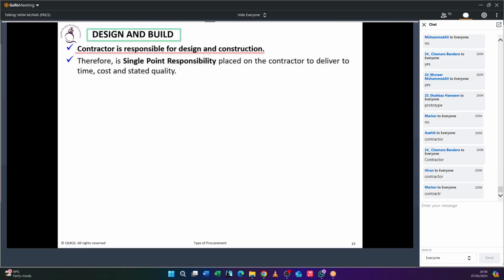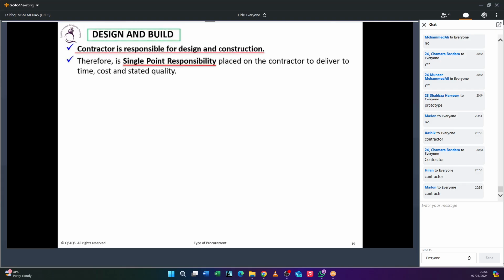Previously, in the traditional route, the employer was responsible for design and the contractor responsible for construction. But under design and build, who is responsible? Only the contractor. They have a single point responsibility. Now let's talk about the previous story. Major cracks in the building now. Who is responsible now?